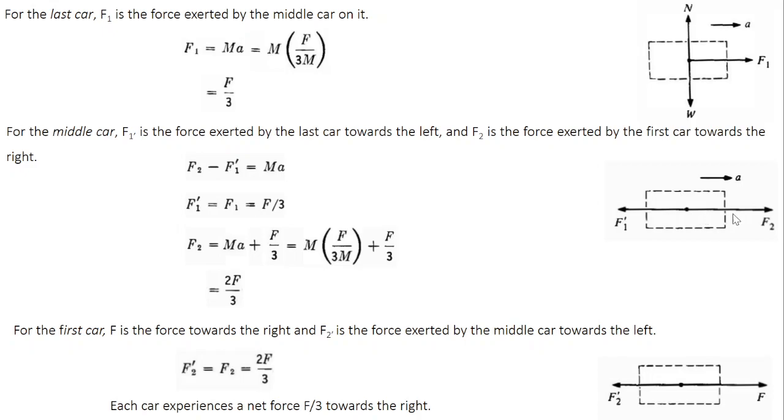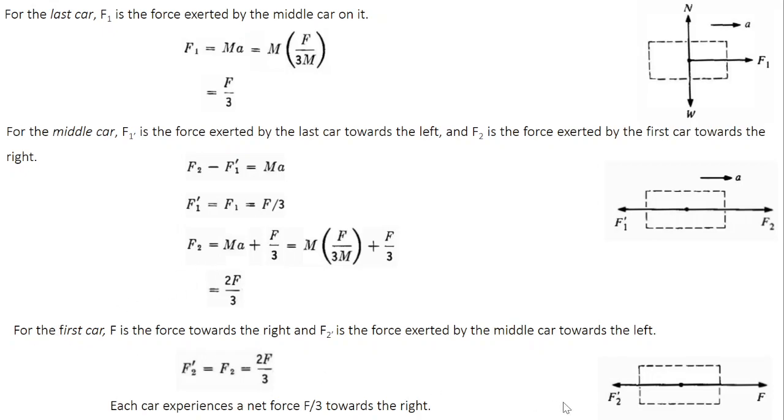As I said, the right hand direction is positive, so the equation of motion will be total force, which is F2 minus F1 prime equal to mass into acceleration. F1 prime is F1 from Newton's third law. F1 is F by 3. So I can rewrite the equation of motion as F2 equal to ma plus F1 prime, or ma plus F by 3. Substitute for acceleration, you have F by 3 plus F by 3, which is 2F by 3.